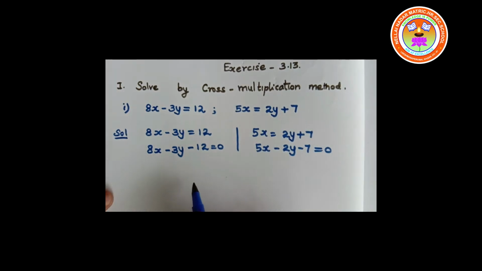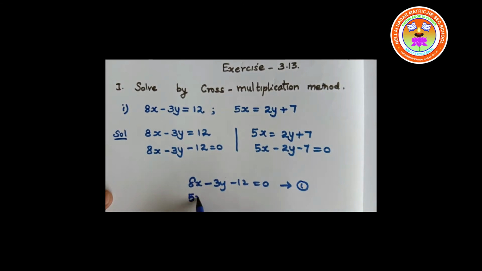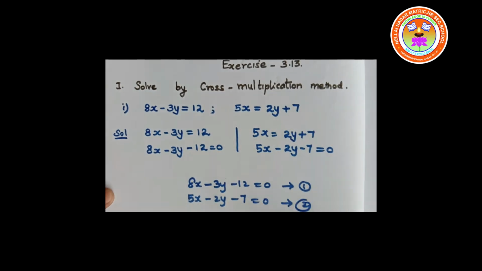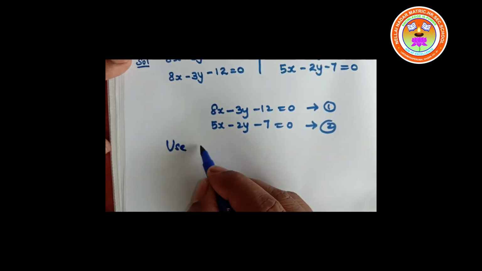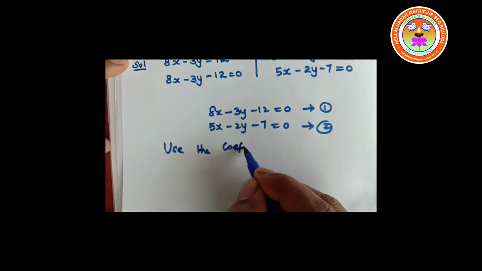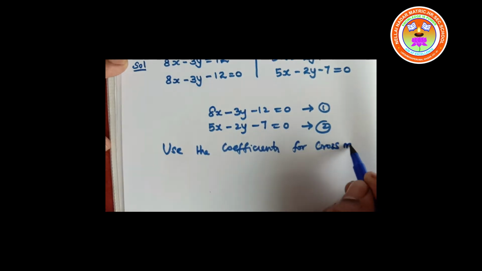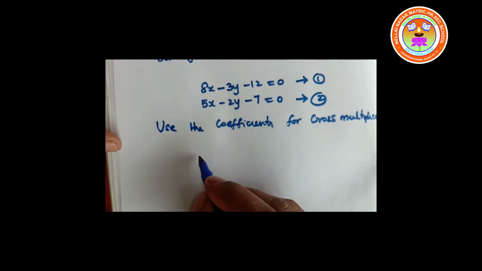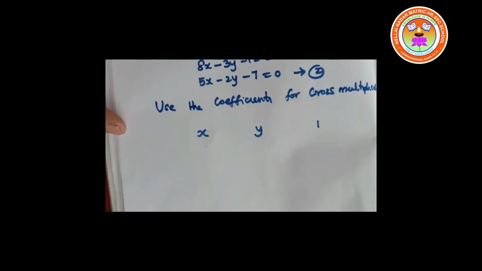Consider 8x minus 3y minus 12 equal to 0 as equation number 1, and 5x minus 2y minus 7 equal to 0 as equation number 2. Use the coefficients for cross multiplication. The x, y and constant columns are always followed by 1.